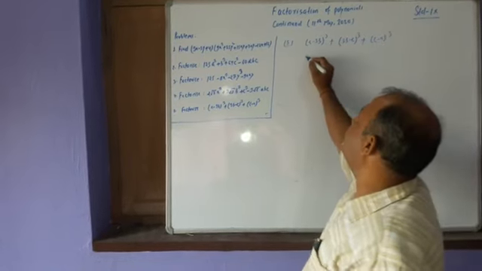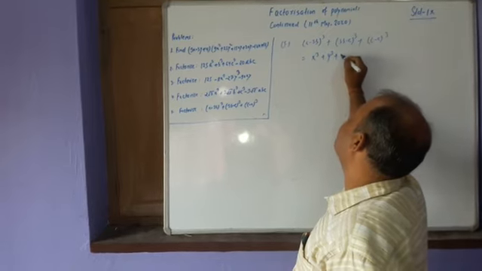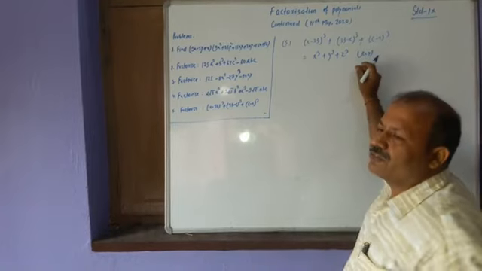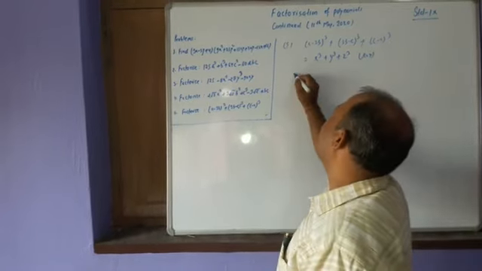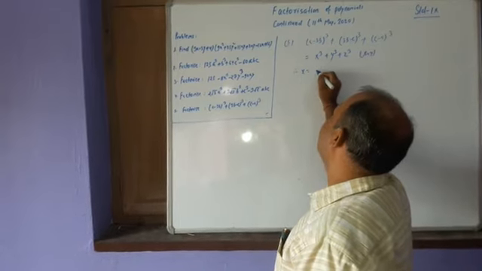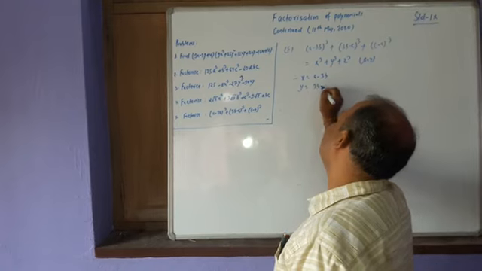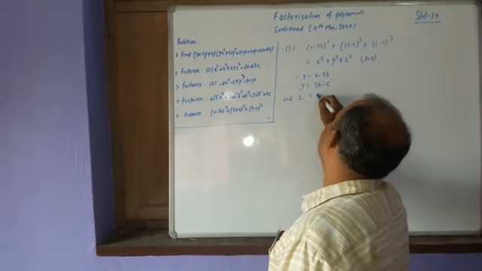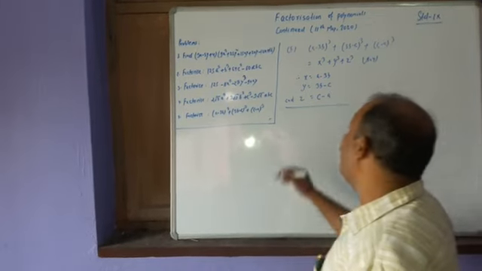First we have to take it x cube plus y cube plus z cube, say, that is we have just supposed. Therefore, x is equal to a minus 3b, y is equal to 3b minus c, and z is equal to c minus a.